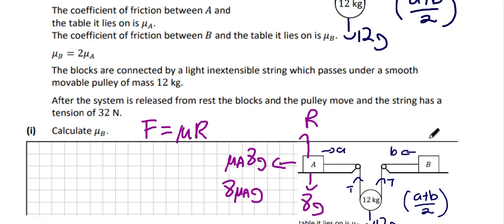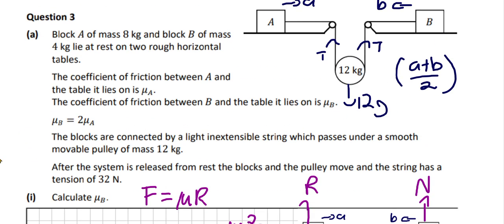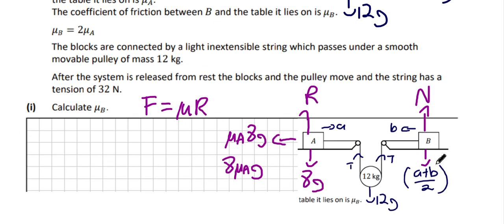Now what about for B? We'll call it N. And what's going downwards for B? What weight is B? 4 kilograms. So 4G. So what's the resistance of this one? Anybody tell me? It'll be mu B times N. And mu B is what?